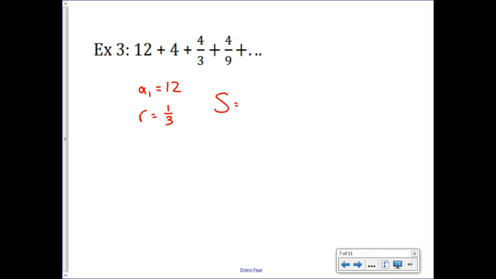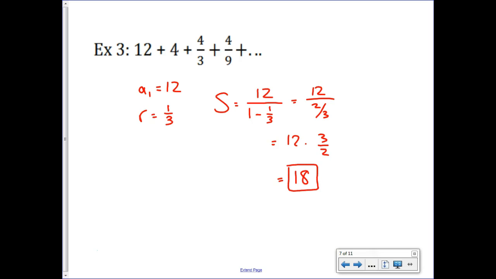So S is equal to 12 over 1 minus 1/3. So that's 12 over 2/3, which is the same as saying 12 times 3/2, which is the same as 18. So that one converged to a nice whole number, 18.